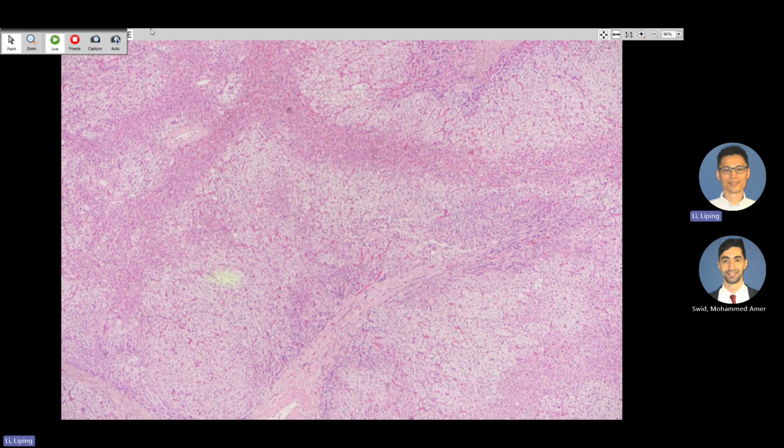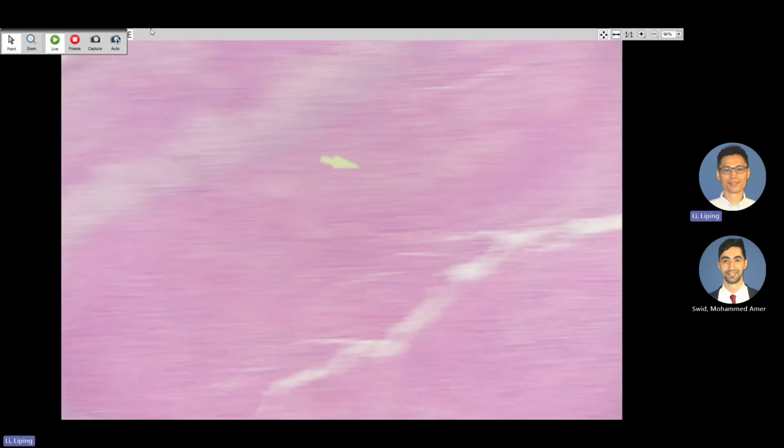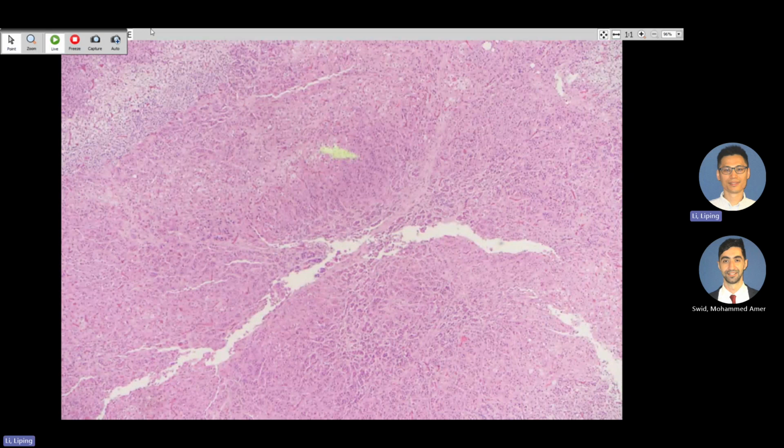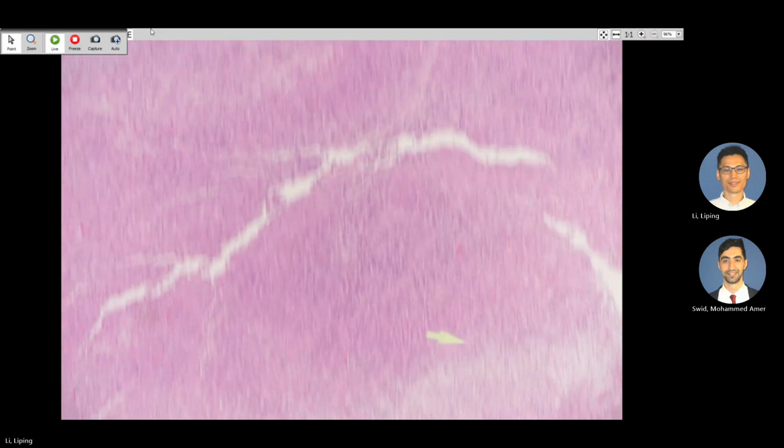Most of the cells are lipid rich. Some cells will have this oncocytic cytoplasm. When we see this, it's not just normal adrenal gland, we see this oncocytic area. So we may think of cortical adenoma.